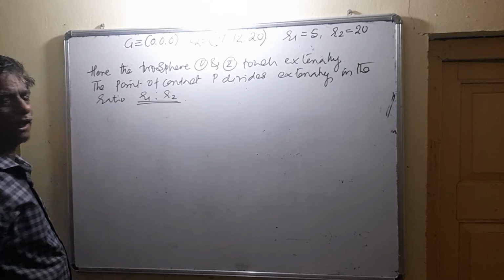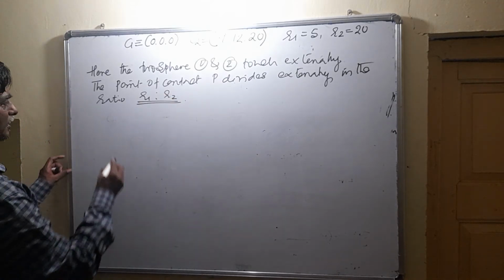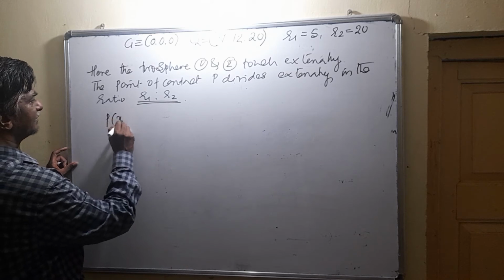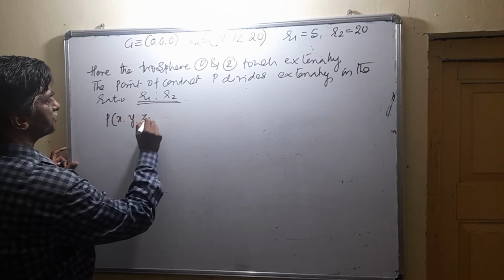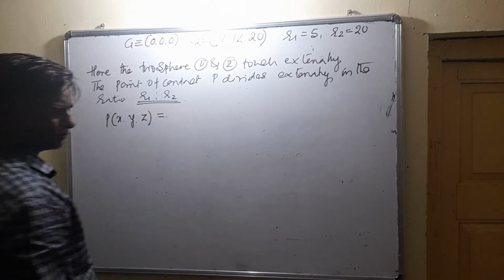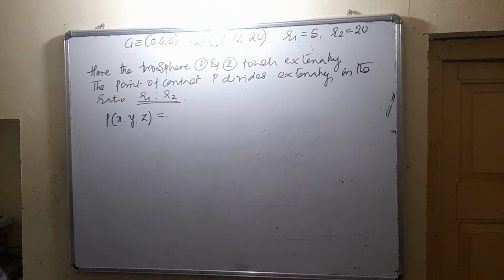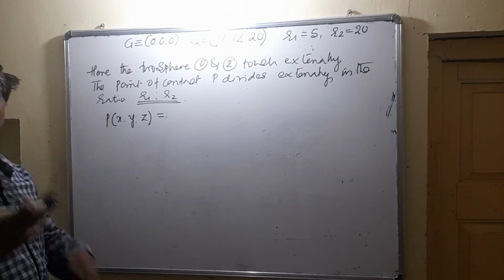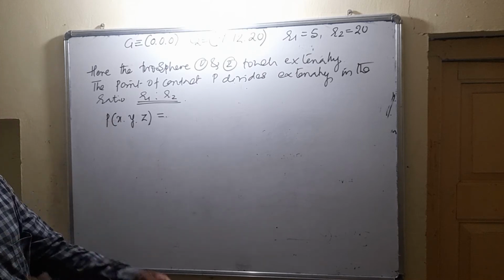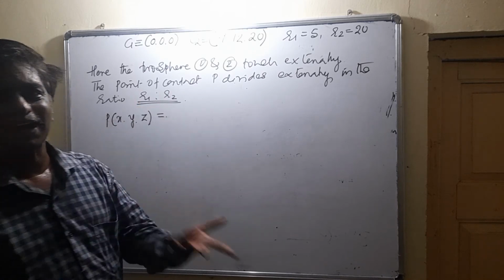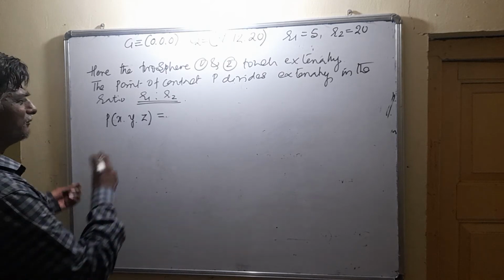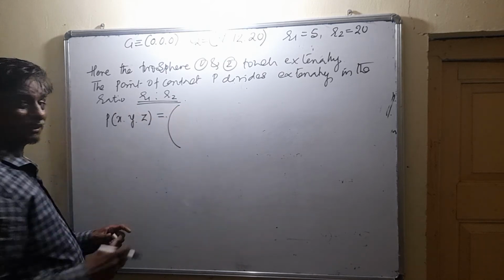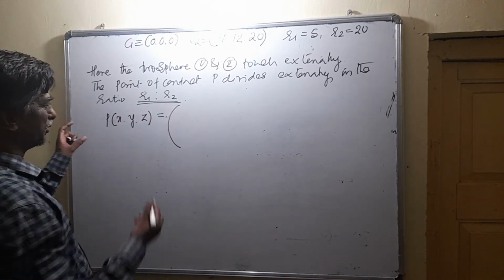Then P of x, y, z is equal to, using the section formula, in place of m and n, I am taking R1, R2. Very simple. First I write the formula, no problem.